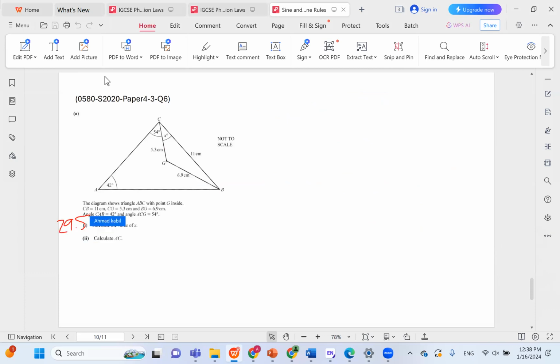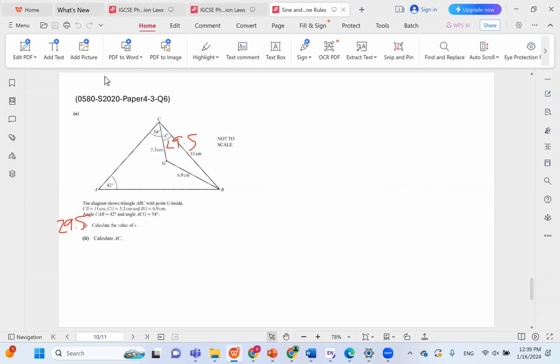Now we're required to get the value of AC. So let me first write the value of x in the triangle here, 29.5. And let's try to figure out how we're going to calculate the side AC. For the side AC, you're going to need to figure out what sides you have and how you can use them in order to find the proper side.